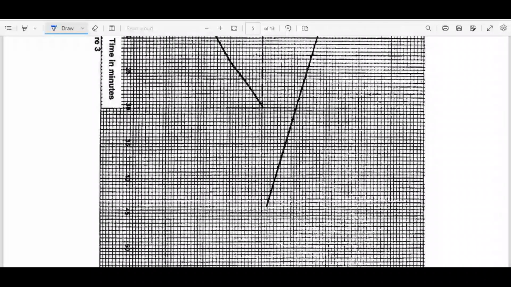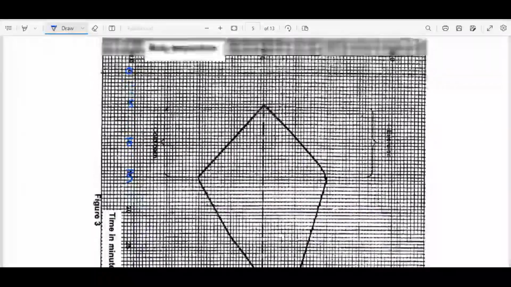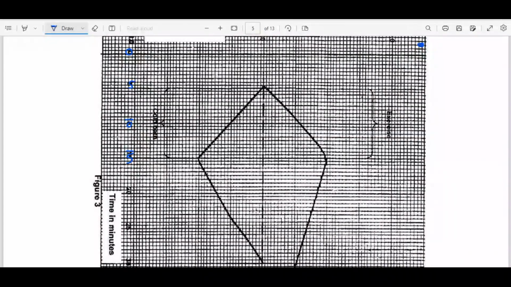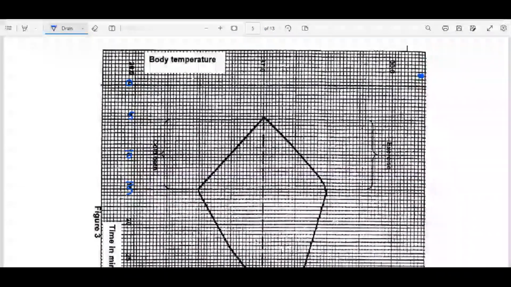So after 10 minutes, let's go where there is body temperature, in this axis we have body temperature. So where is the 10 minutes? So 10 minutes is at this point.